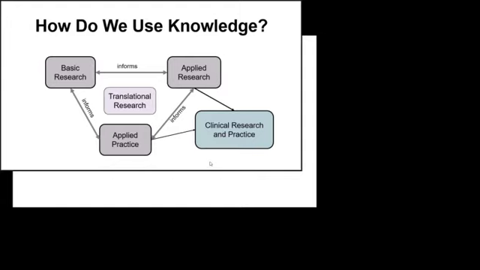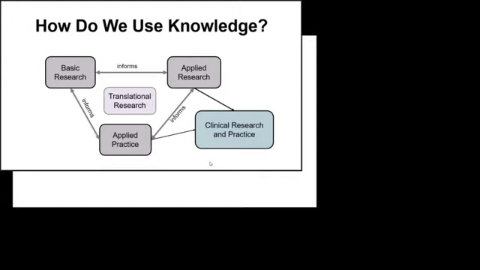This is a visual representation of how all the different kinds of research can move around, how they can inform or affect other areas. It's not just the research itself, basic or applied, which can influence each other, but you also have things like applied practice.